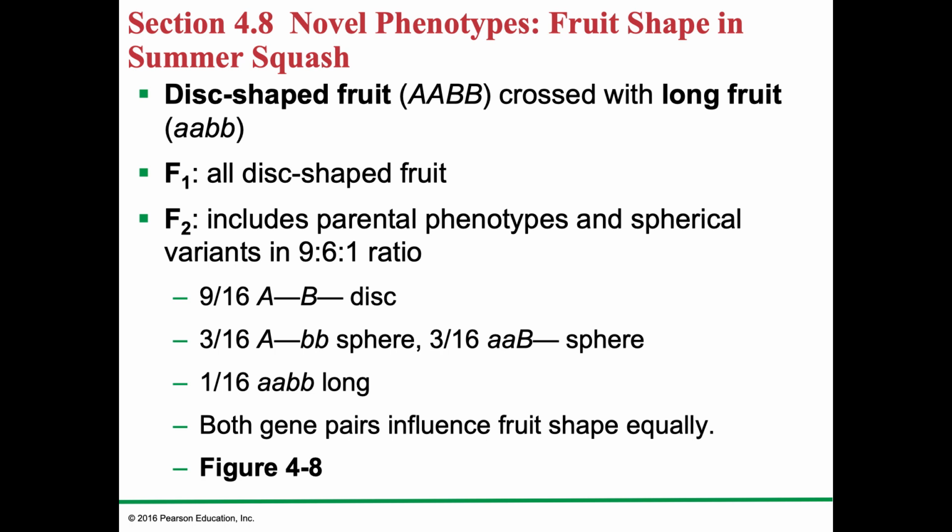These fruit are going to look normal for that genotype. They are going to be disc-shaped fruit. Now here you have at least one dominant allele for the A locus, but these offspring are homozygous recessive for the B locus.